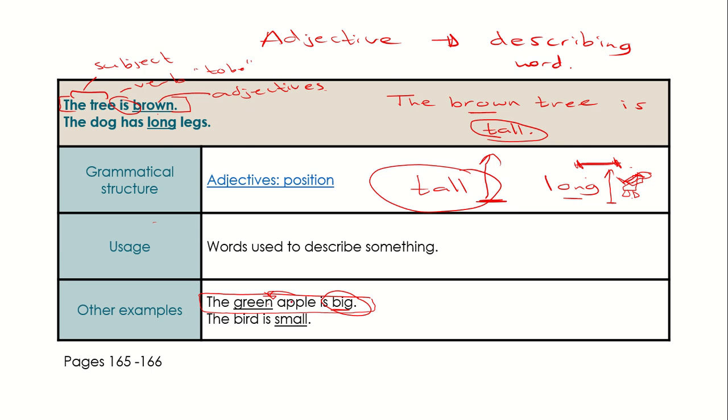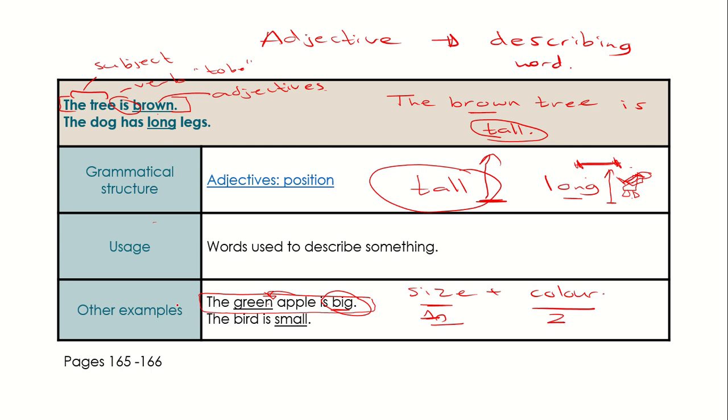The color goes just before the thing. I can even make the sentence longer, and then we have a new rule. When we describe something using size and color, I put the size first, then I put the color.